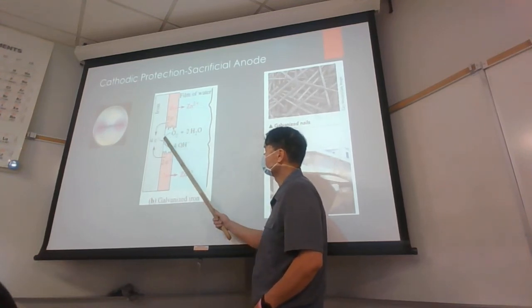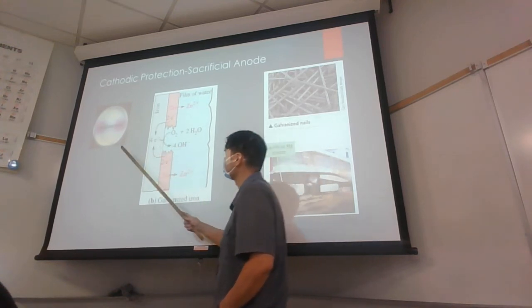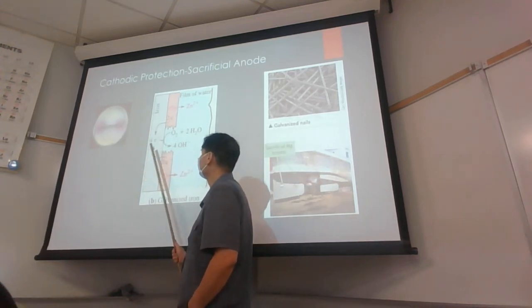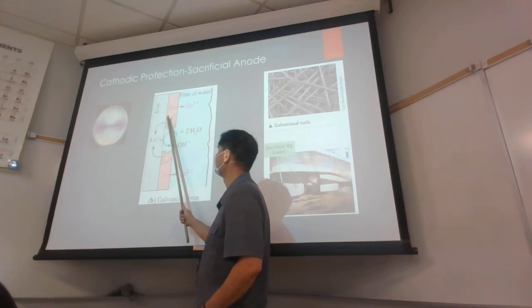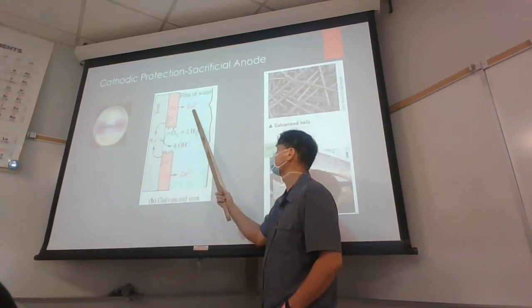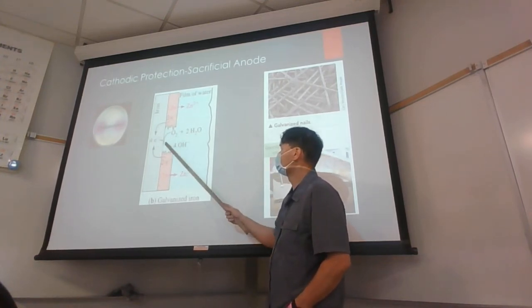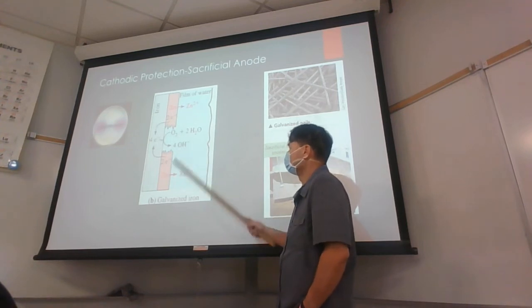So if oxygen comes around to try to attack iron, it's not going to be able to pull the electrons off the iron because zinc is in electrical contact. Zinc has a higher oxidation potential and it's going to be oxidized. So zinc gets oxidized to Zn2+. The oxygen is going to convert to hydroxide.